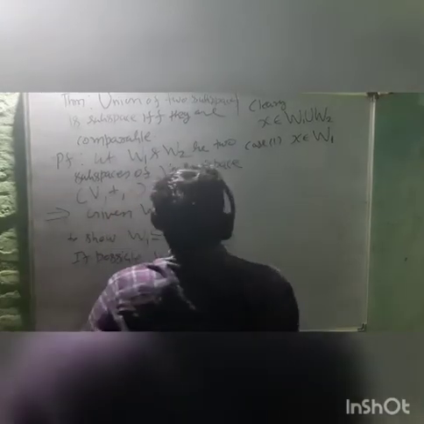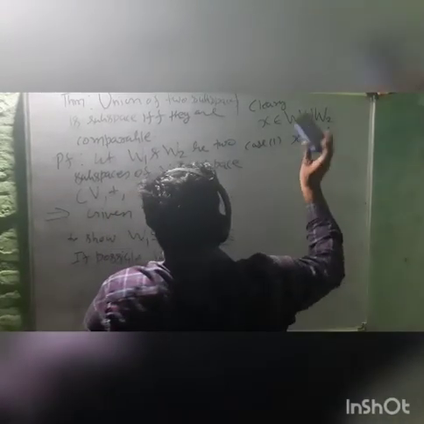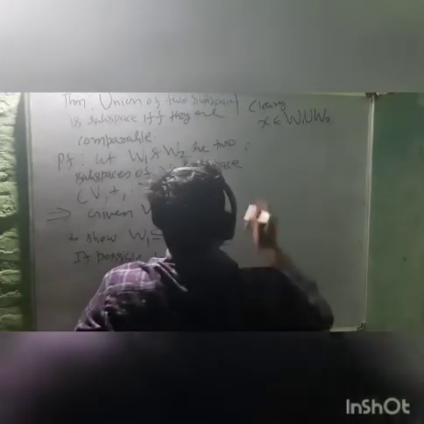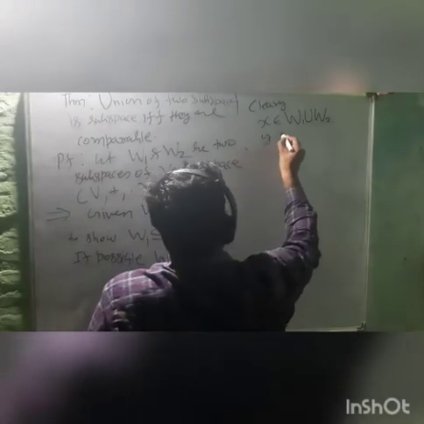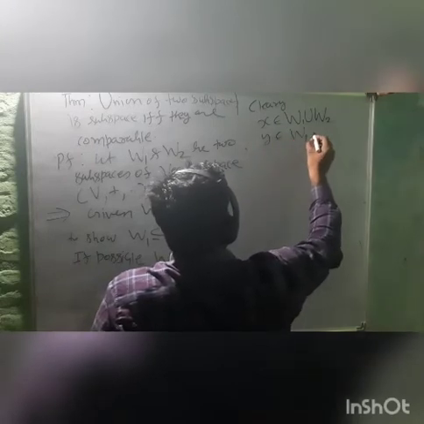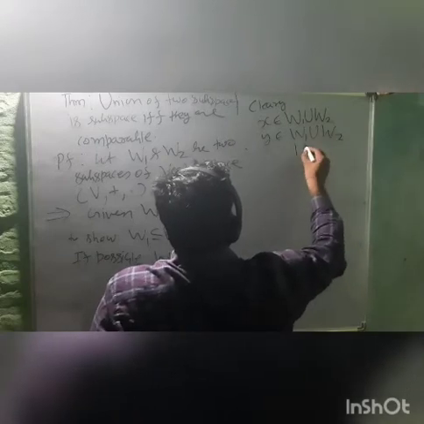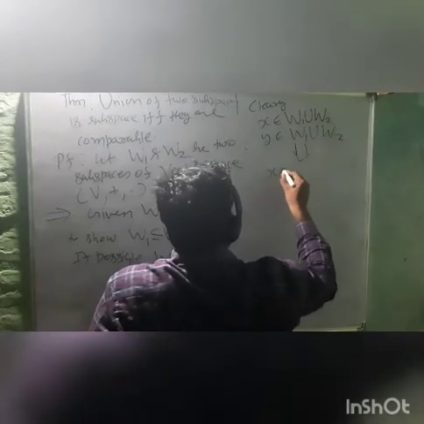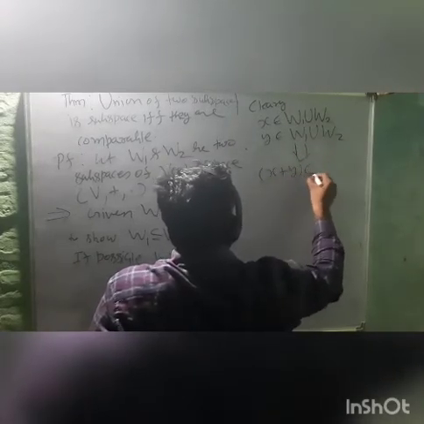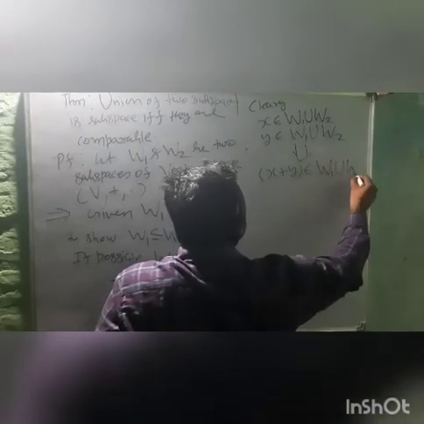Yes, I got it. In order to make use of the W1 union W2 subspace, what we have to do is, Y is also going to be in W1 union W2. Clearly we wrote that. And together with this, X plus Y will also be in W1 union W2.